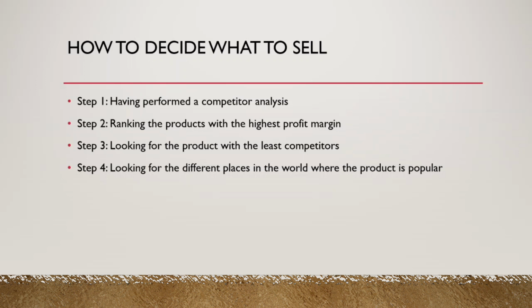Let's say your competition is selling drones for $100. You find the same drone with the same specs and the same quality at, let's say, $40 from a supplier in China or wherever.